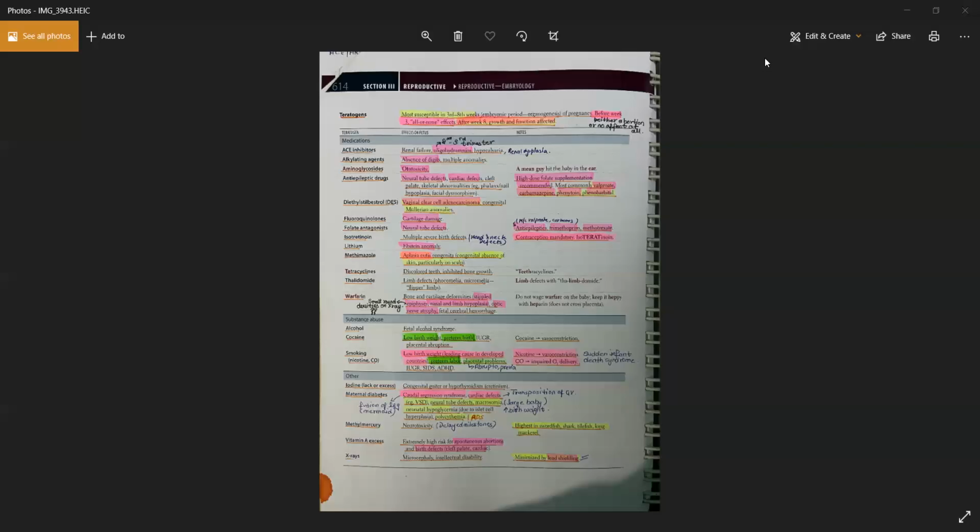A sequence will start at one point, and all the resultant features will be a result of that particular activity. For example, if there is oligohydramnios because of low urine production, it will lead to other things. But in Down syndrome, we are sure about the pathogenesis.